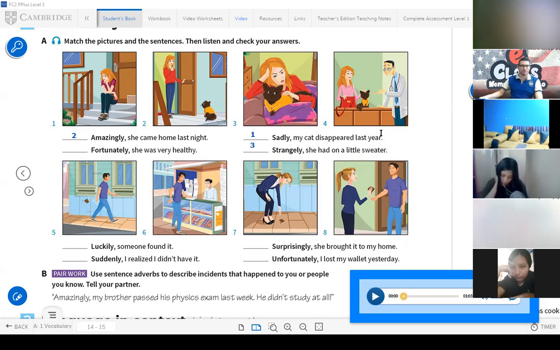And what about number 4? What is number 4? You don't know? Crispin, what's number 4? What do you think? What's the answer?